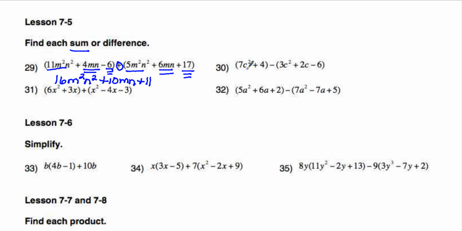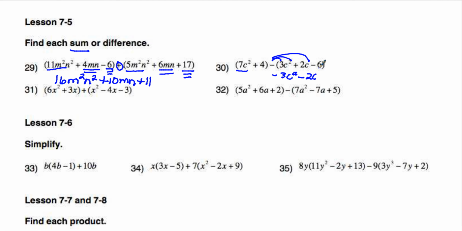Okay, same thing here. So 7c squareds. And here I'm subtracting. So what we're going to do is actually go ahead and distribute that through and rewrite it. So I'm going to get 7c squared plus 4. That doesn't change because nothing is impacting that. Then it's minus 3c squareds minus 2c's, right?